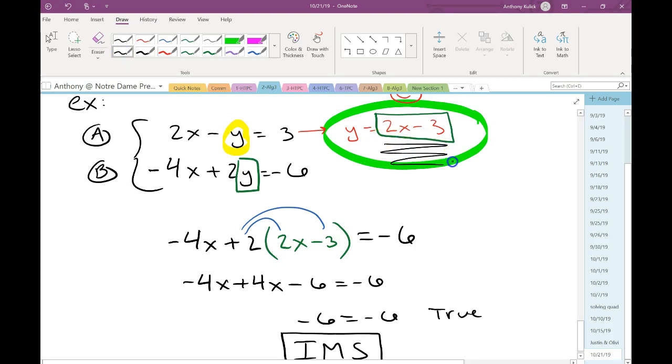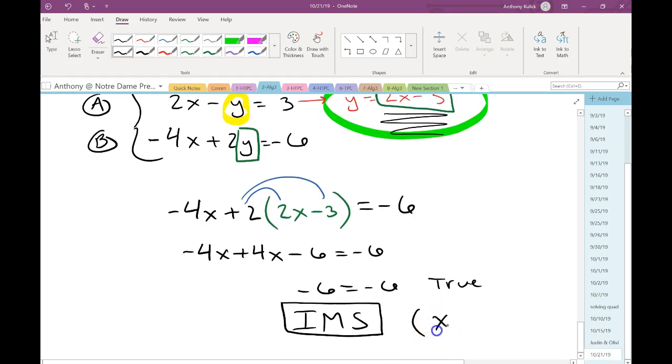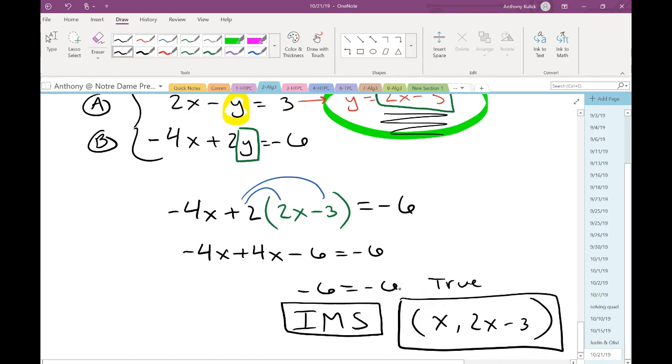Well, they have to look like 2x minus 3. So my solution set is going to be things of the form x comma 2x minus 3.